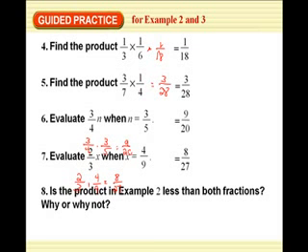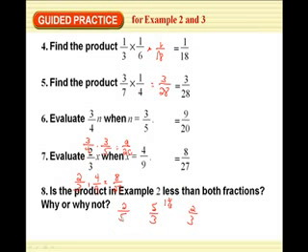Is the product in example 2 less than both fractions? Why or why not? So example number 2, 2/5 and 5/3. They want to know, is the answer, which is 2/3, less than both fractions? Well, this is 1 and 2/3, so it's definitely less than that one.